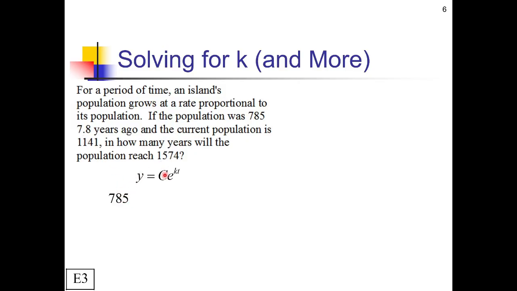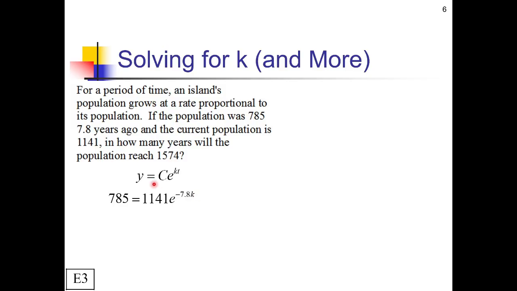For my c value, I can use 1141. That's the current population. And the k we're going to solve for first. The t value I can use here again is this 7.8 years ago. Since it's 7.8 years ago, I am going to have to go back in time, so I'm going to have to use negative 7.8. So we'll have e to the negative 7.8k, where k is what we're solving for.